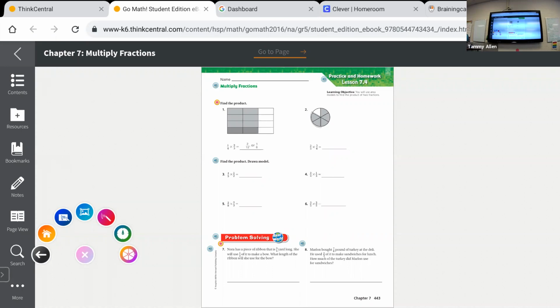Okay, turn that into the tray, please. And then before you go, let me see your 4 problems. Okay, Israel, have your 4 problems ready for me, so you can quickly click on them.